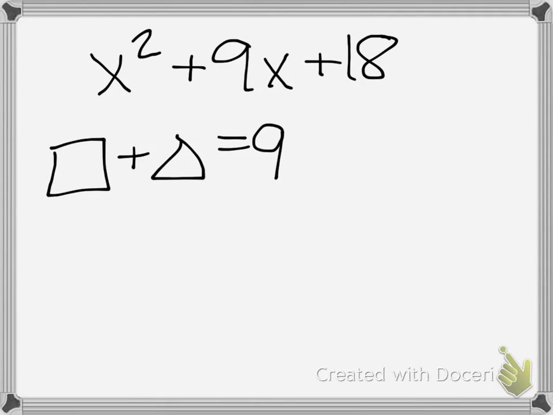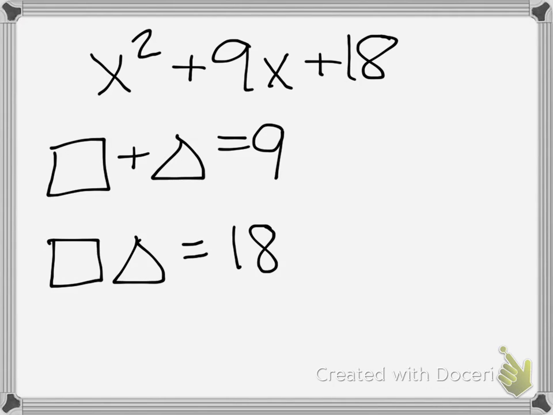So I know square triangle equals 18. So I need to find two numbers that I can add and get this x coefficient number, and that I can multiply and get this constant number.